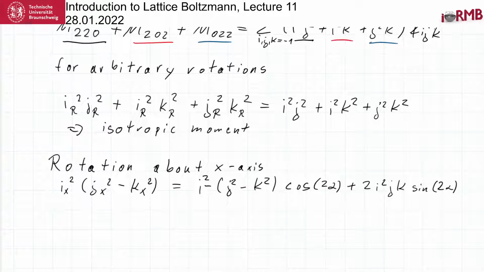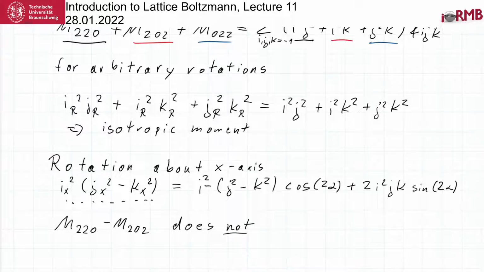So this is what comes out, and this here obviously belongs to m220 minus m202, and we observe again that this does not map on m220 plus m202 plus m022. So they are independent of each other. They are different physical quantities.